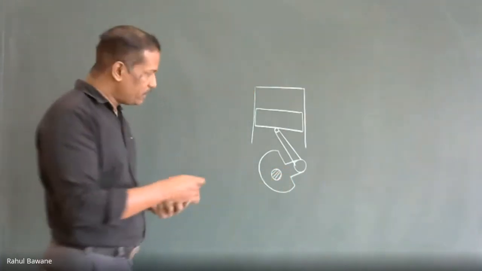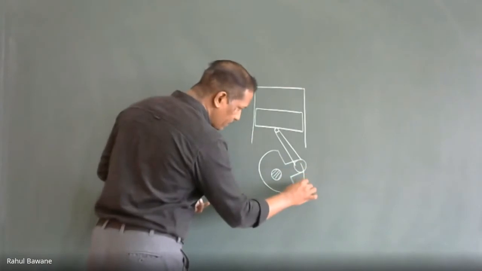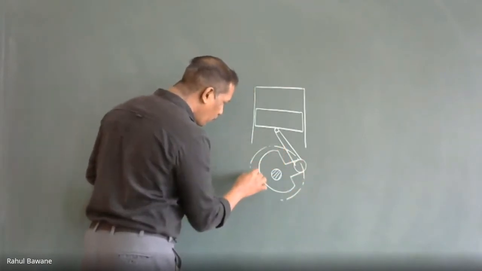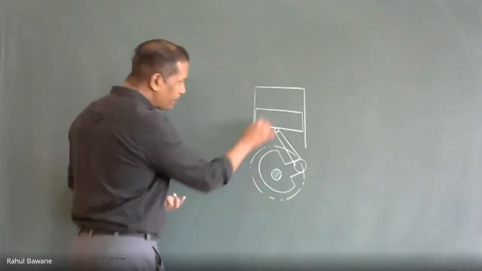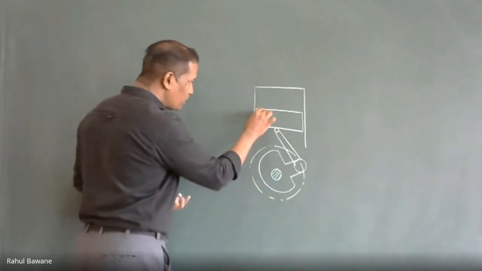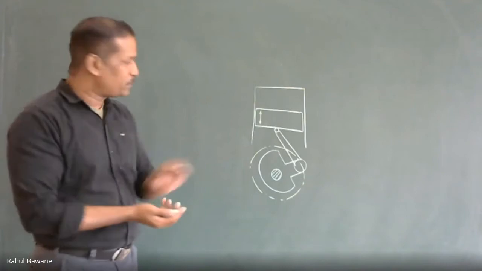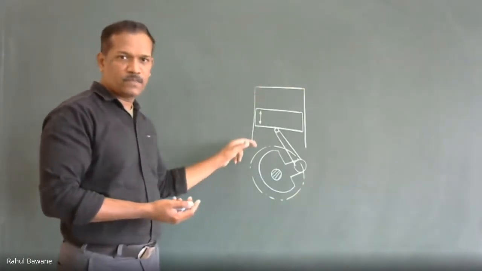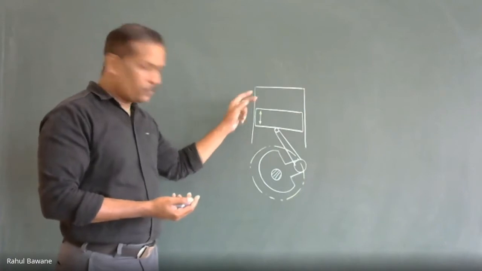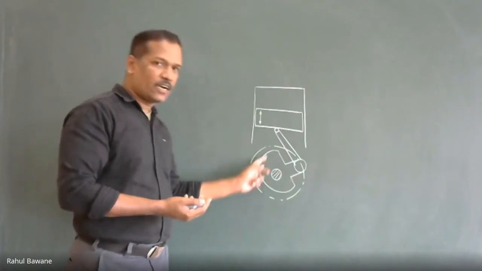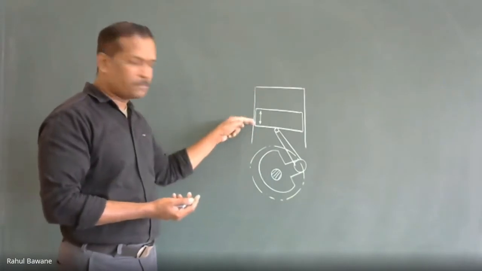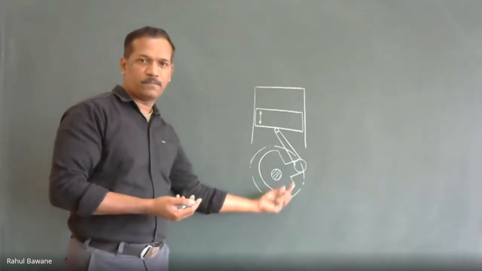Actually, this crankshaft is responsible for converting your piston's reciprocating motion. The piston will only slide upward and downward. With the help of this crankshaft, we can convert this reciprocating motion of the piston into rotary motion.